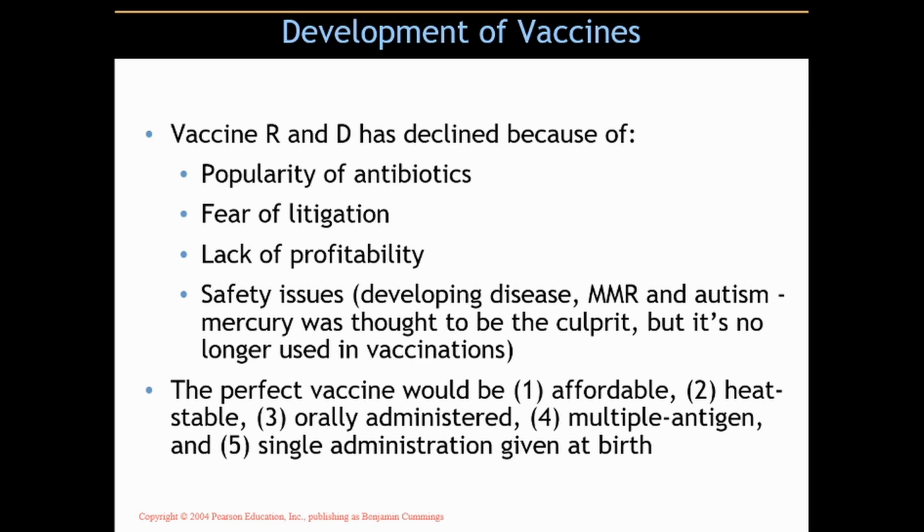I've seen a wildly wide range: $50 million up to $1 billion to develop an effective vaccine. And the time it takes, anywhere from about 10 to 15 years to develop a vaccine. It costs pharmaceutical companies an incredible amount of money, and it takes a long period of time.